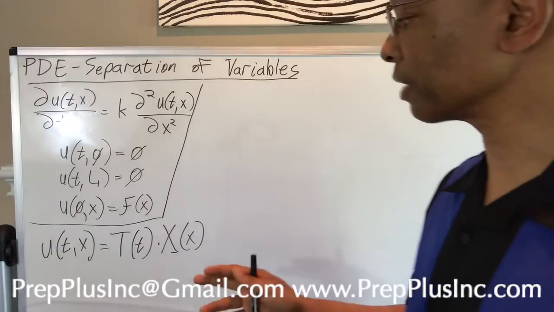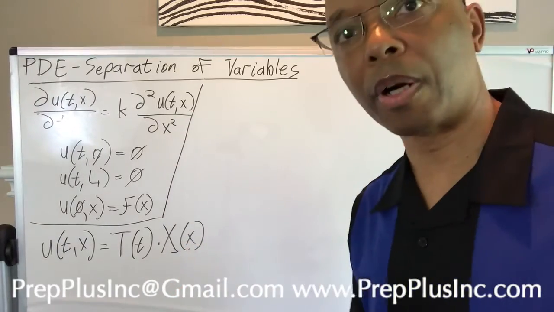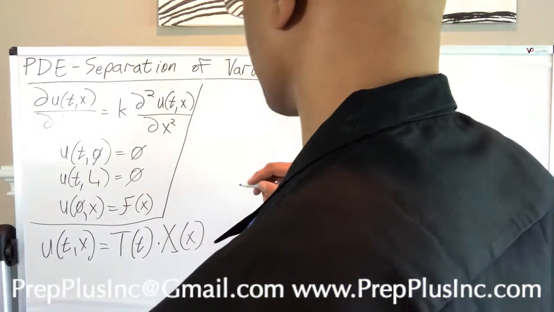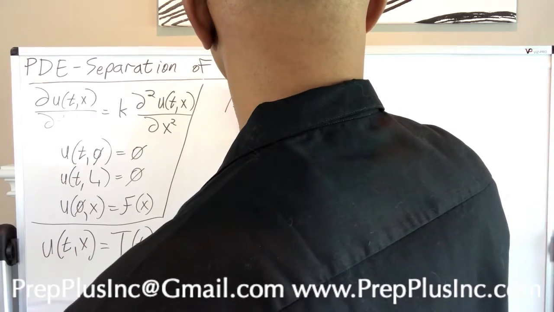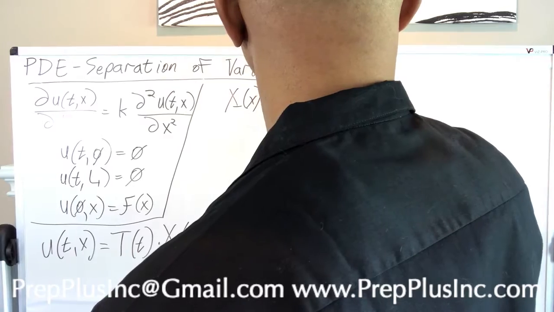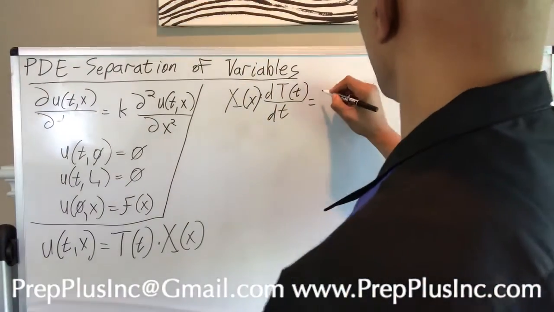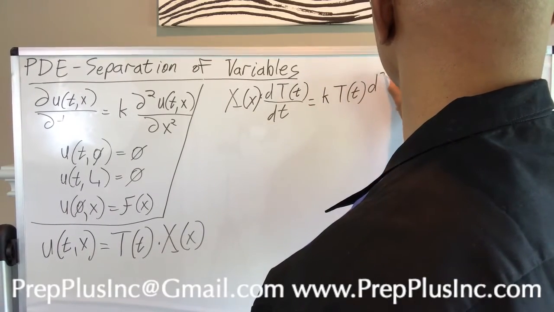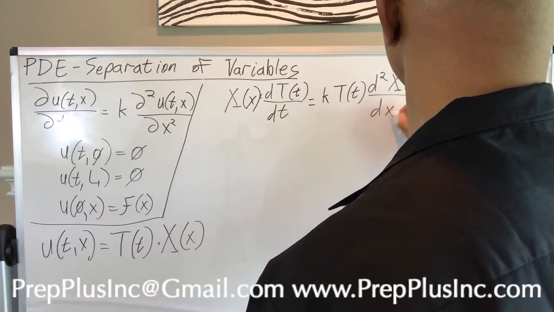Now let's plug this guessed solution into our partial differential equation and see what we get. We get X of x times dT of t with respect to time equals k times T of t times d2X with respect to x squared.